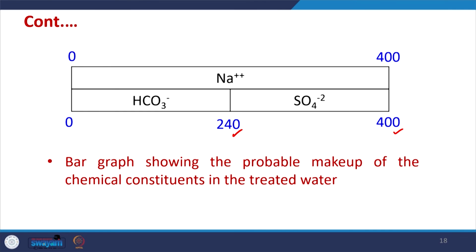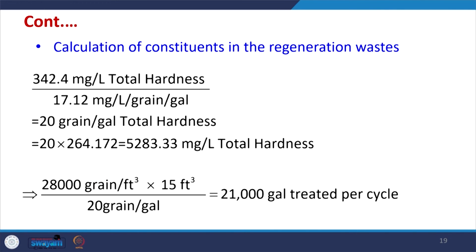Now, we have to find out what will be the chemical composition in the regeneration waste. So, for performing this, we have to find out how much gallon of water is being treated per cycle, because the regeneration cycle is 4% of the treated water which is there.